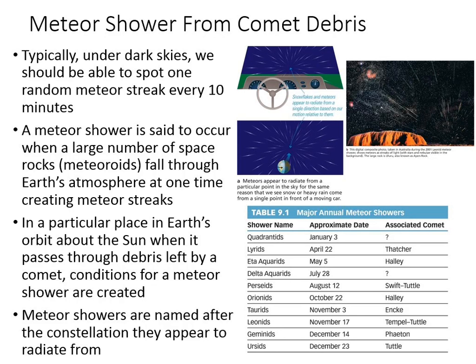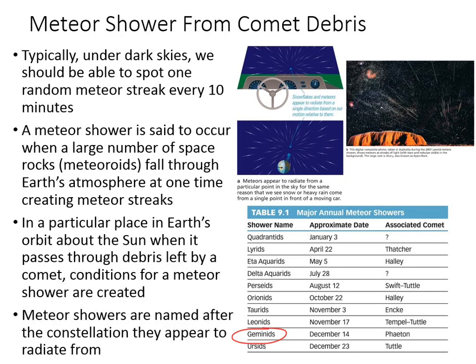So right here, you mentioned Halley's Comet. Actually, the Orionids was created by Halley's Comet, and it peaks about October 22nd. So we have something peaking November 3rd, November 17th. The big ones, though, are the Geminids, a really big one.